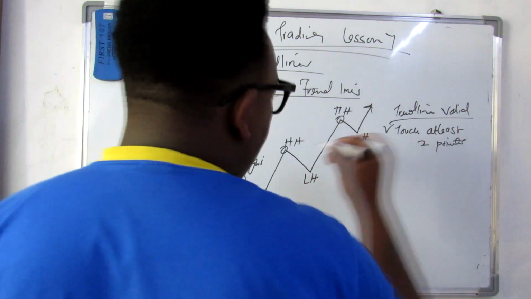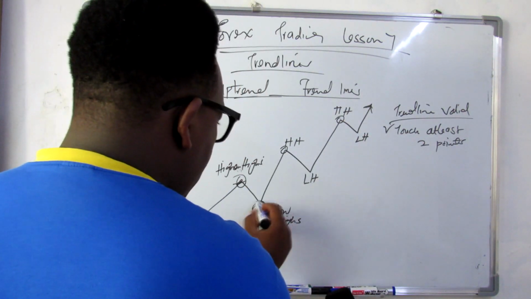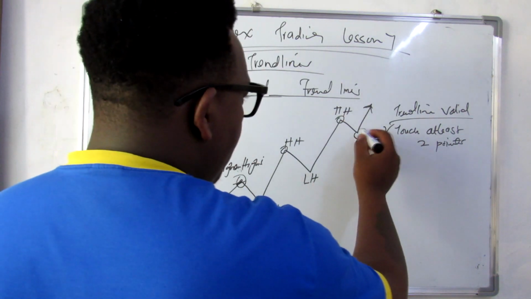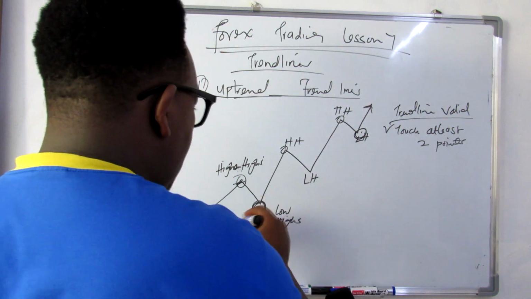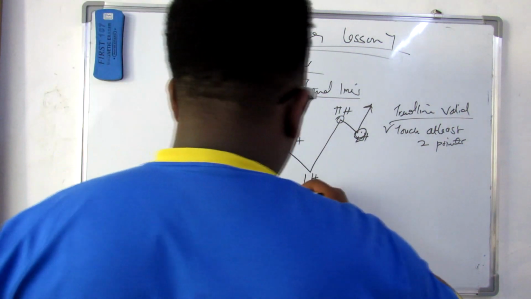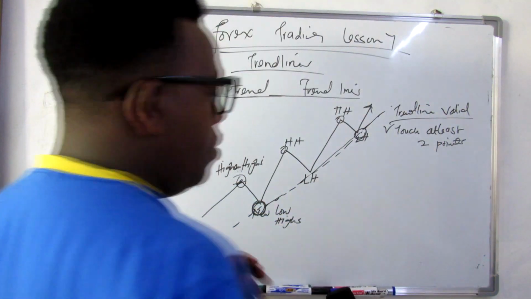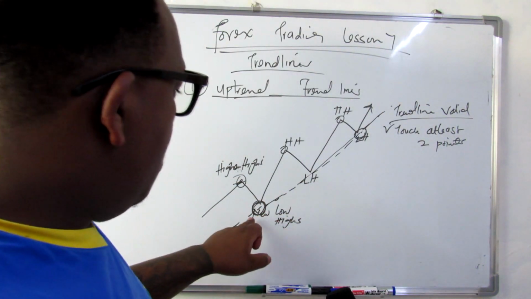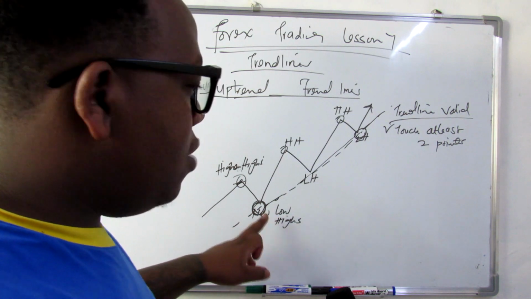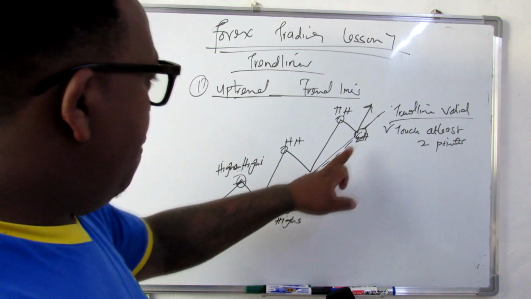For instance, if you join this one, sorry, I'm not that accurate, but hopefully you're getting the concept. For the trend line to be valid, it has to touch at least 2 points.